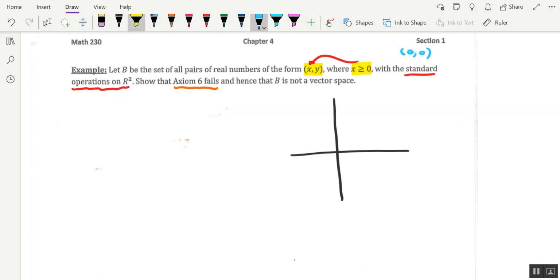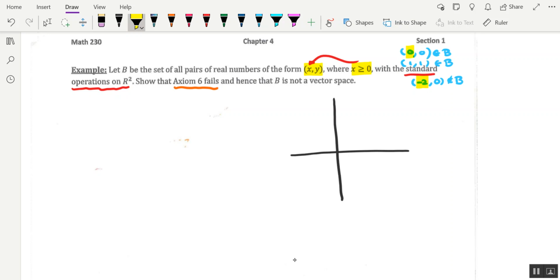That would work since the x-coordinate is greater than or equal to 0. So that would be an element of the set B. So with something like 1, 1, but something like negative 2, 0 would not be in the set B. And the reason for that is because the x value is not greater than or equal to 0.